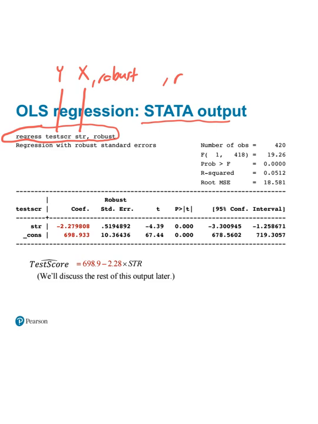So sometimes researchers get a little lazy. Instead of typing regress over and over, I know what I do is I put reg. If I put reg, Stata knows implicitly that I'm trying to do regression. And if you put comma r, that's the same exact thing as saying comma robust. All right, but you don't have to take shortcuts. There's no need for that.